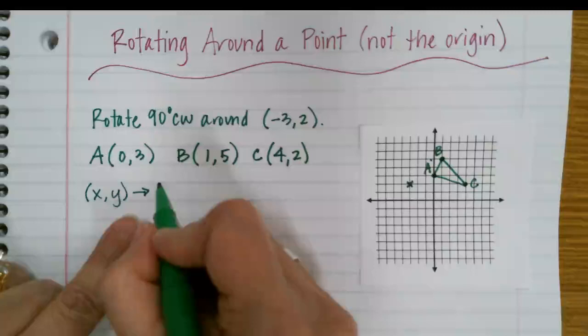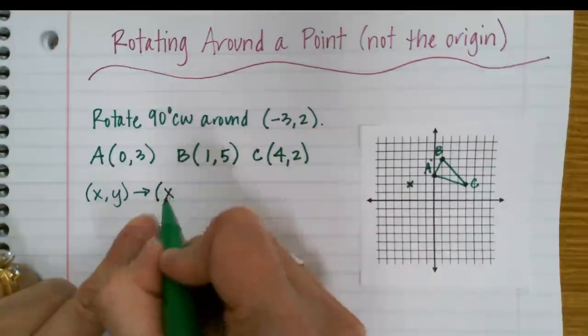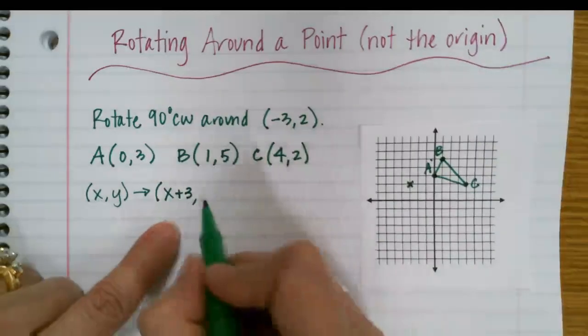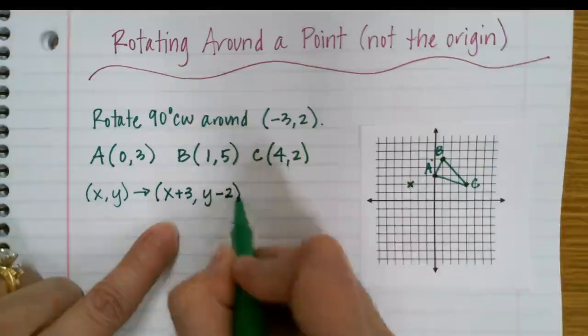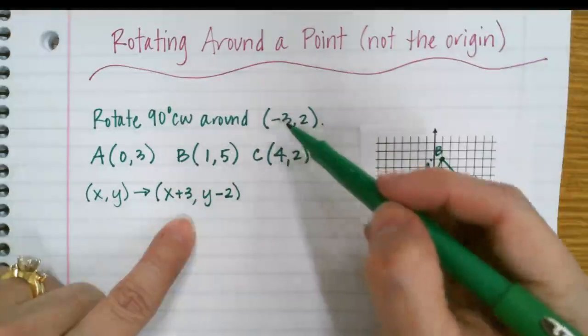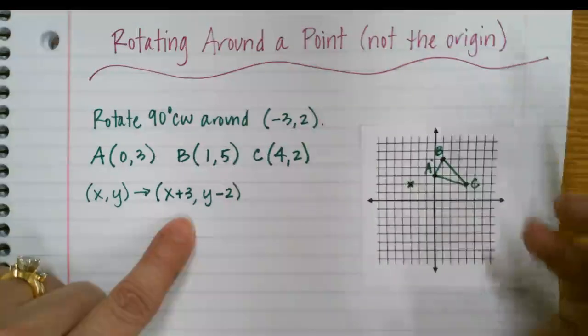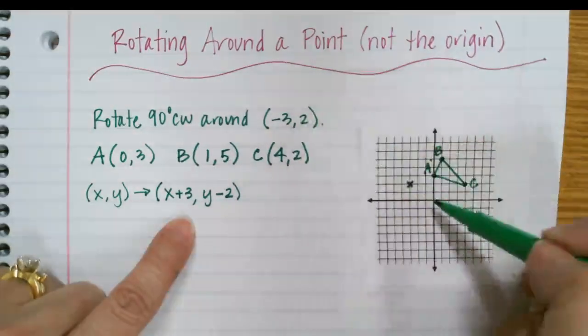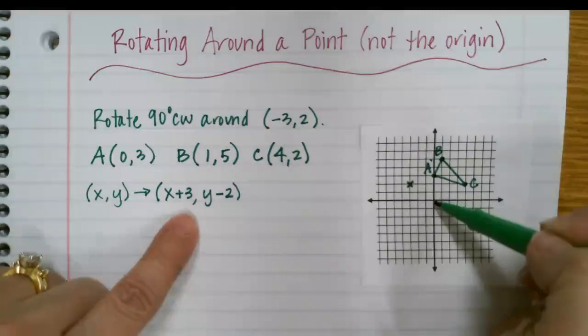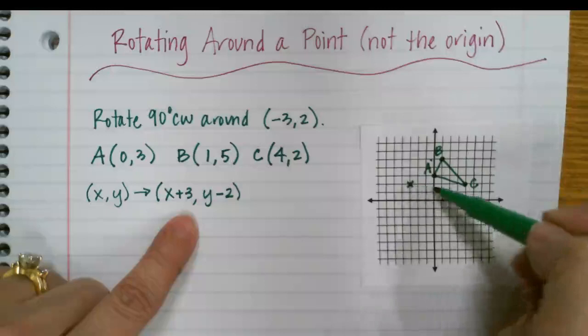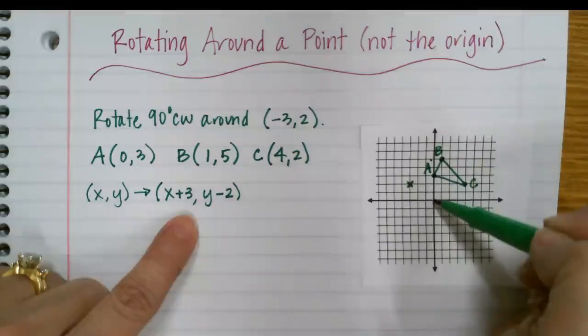So to get back to the origin would be x plus 3 and y minus 2. If I subtract my point of rotation, that will bring me back to the origin. So over 3 down 2 brings me back to the origin.